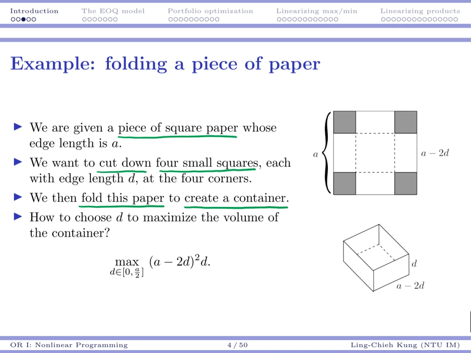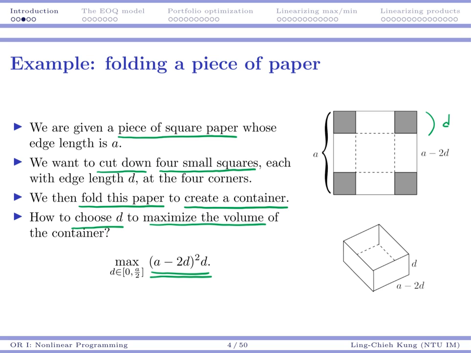So now the question is, how may we choose d, the length here? How may we choose d to maximize the total volume of the container? So again, this is a maximization problem, and again, this is an optimization problem, and all we need to do is to somehow formulate our problem to describe the quantity that we are interested in.